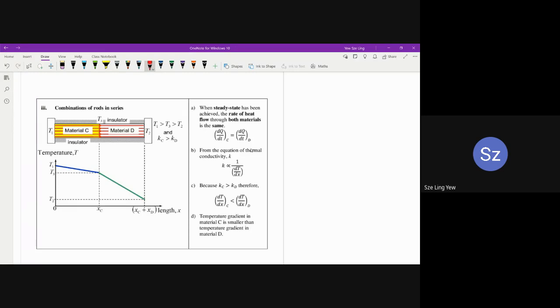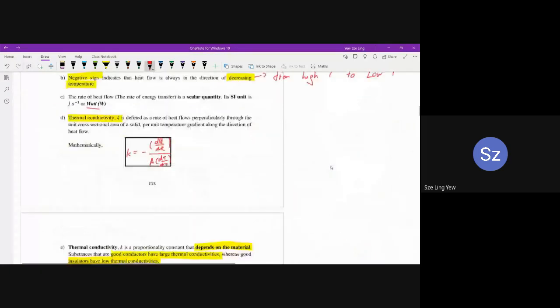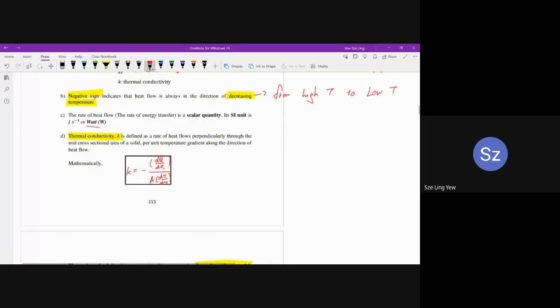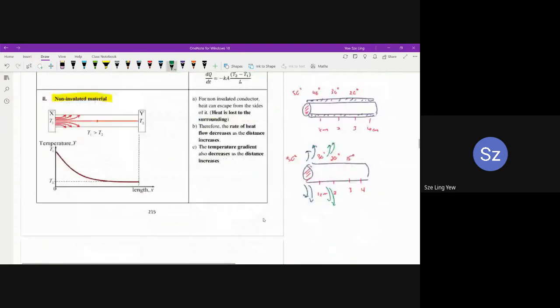If you look at the definition of k again, the equation shows that k is inversely proportional to dT over dx, which means a good conductor has a smaller temperature gradient, a smaller value compared to the poor conductor.